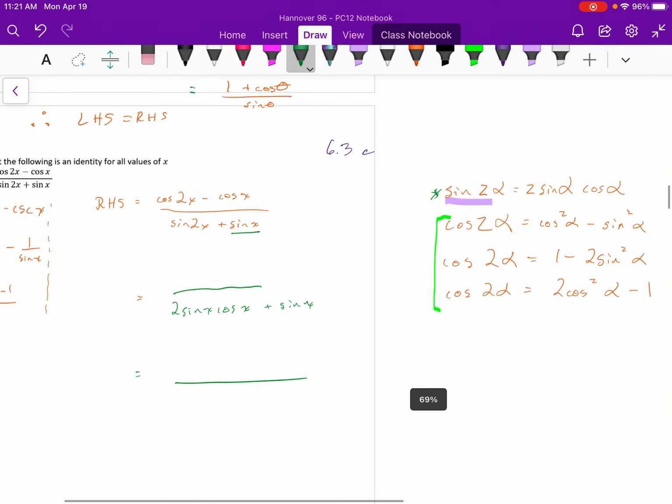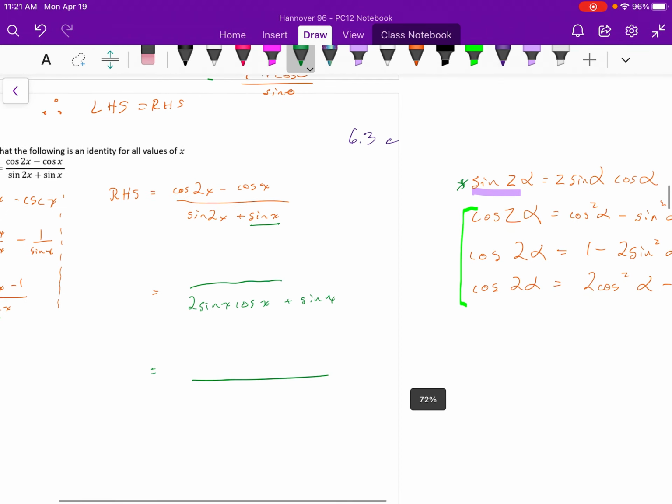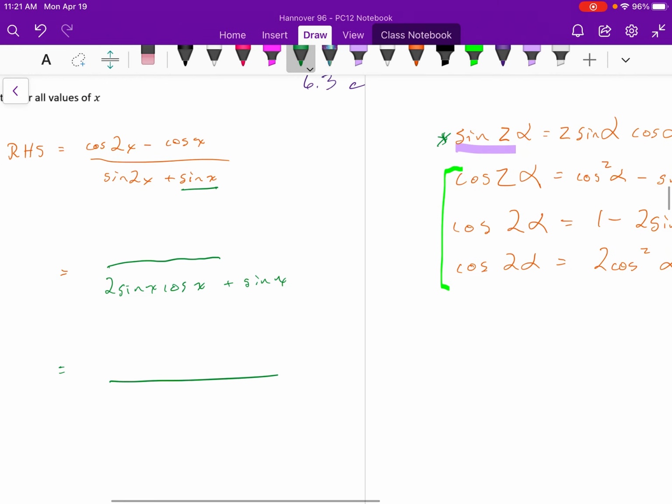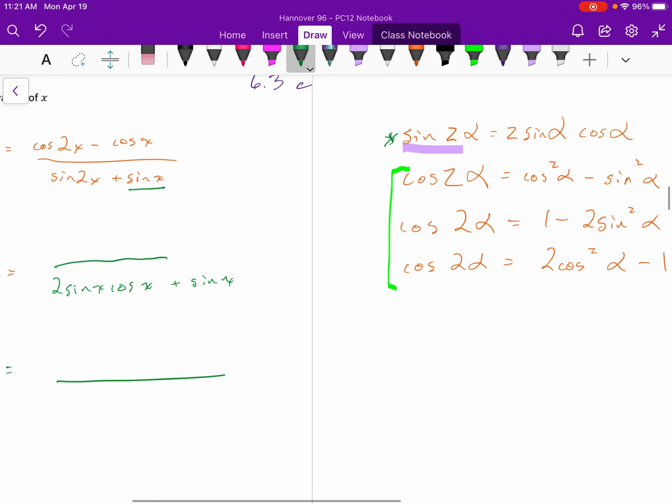Now, keep in mind on the left-hand side, it's cosine minus 1. And if I notice this one has cosine and sine. So if I plug in my first double angle identity for cosine, it's going to have cosine squared minus sine squared. I actually don't think that's the one I'm going to use. The second double angle identity has sine squared.